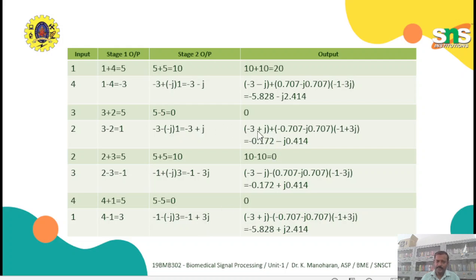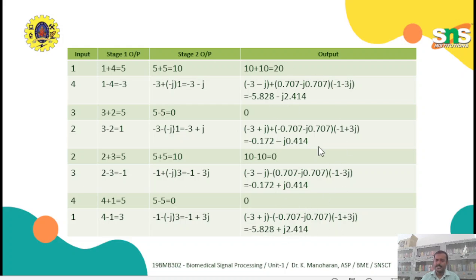So minus 3 minus j is one input, plus the other twiddle factor is minus 0.707 minus j 0.707, into the input minus 1 plus 3j. The same input we are taking here, but instead of plus we need to put the minus here. So this result will be minus 0.172 minus j 0.414. And this result will be minus 5.828 plus j 2.414. So this is an output.